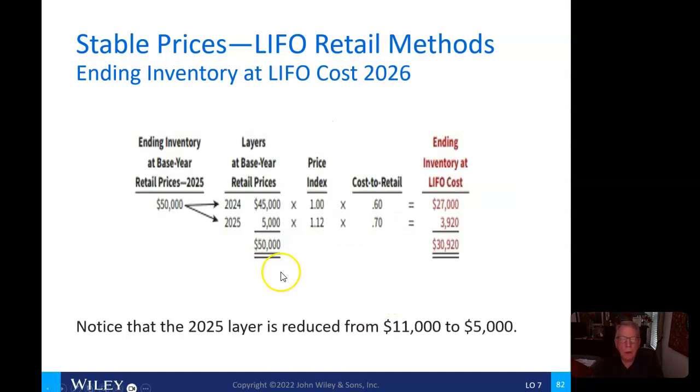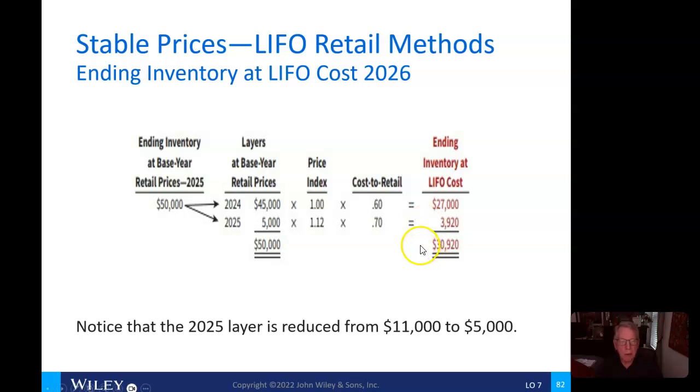Okay, so now the ending inventory at 2026, I have the layers here, that 45,000, 27, that's 60%. But I have the 5,000 from 2025 that I didn't sell at 70%.